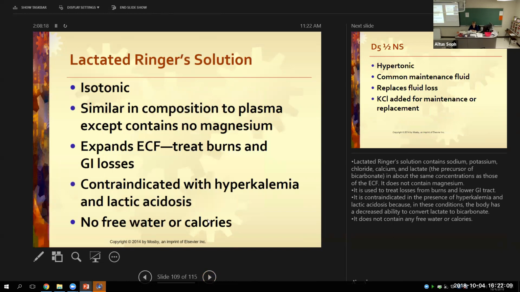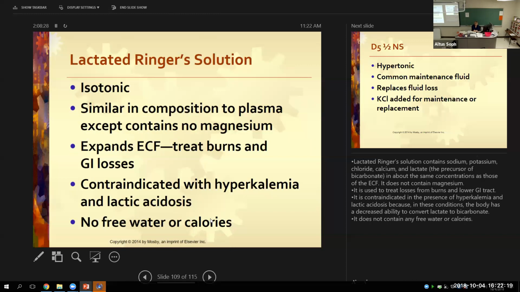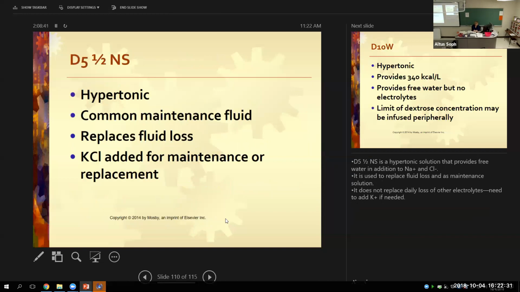Also, if you have hyperkalemia, you're not going to want to have that hanging because it does have some potassium in it. I would encourage you, if you can, to look it up in your book or Google it and see exactly what Lactated Ringer's has in it and what concentration of those electrolytes are in there.